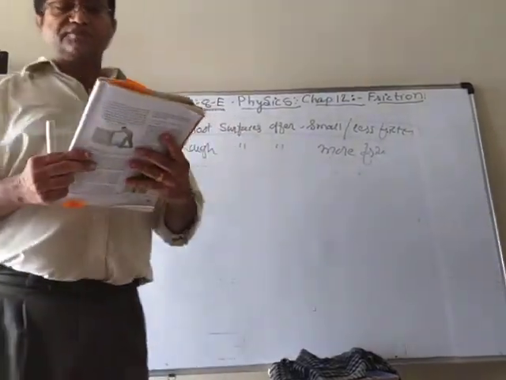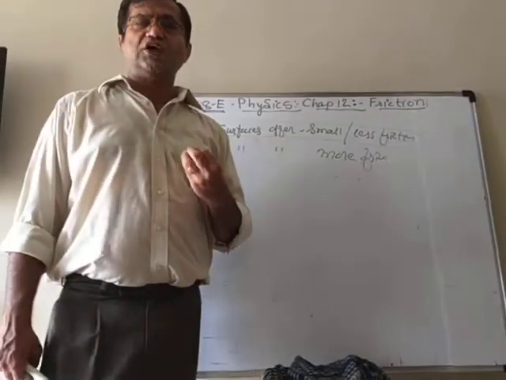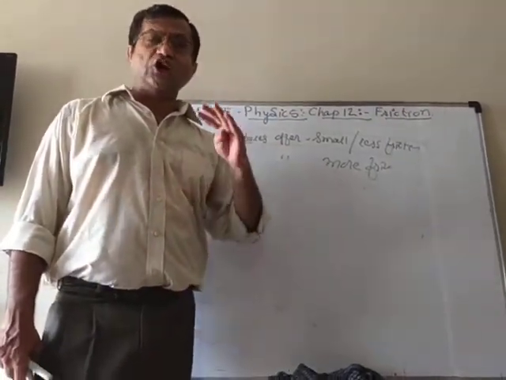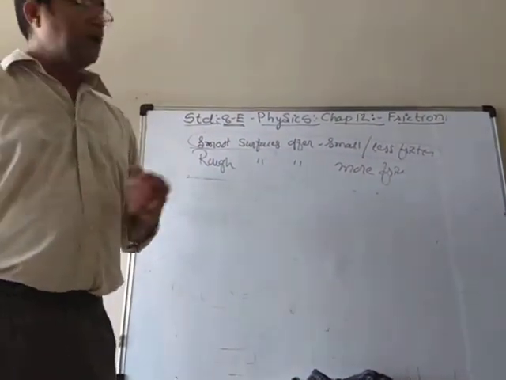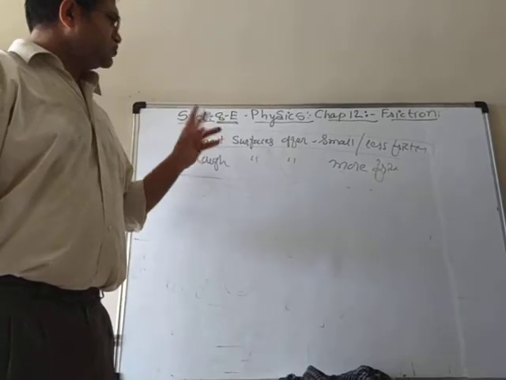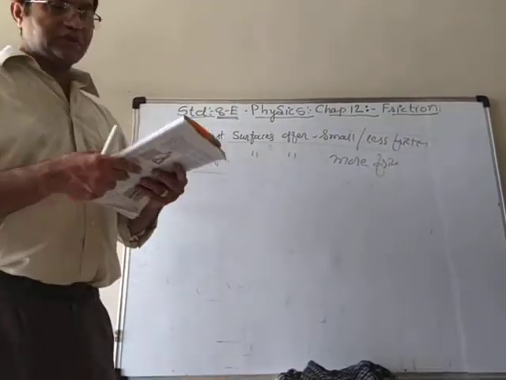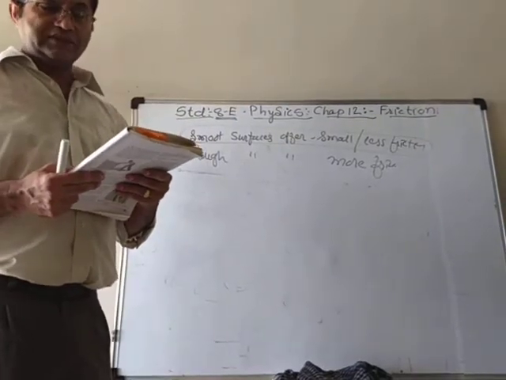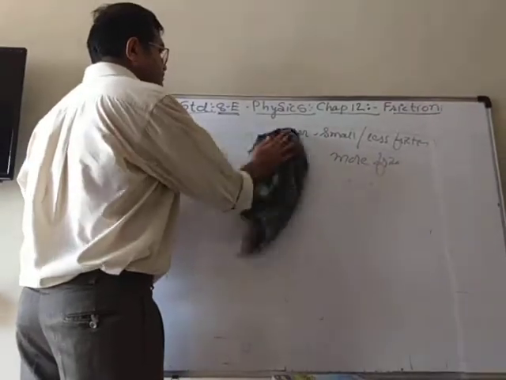It means that friction depends on the smoothness or roughness of the surfaces. So smooth surface, less friction; rough surface, more friction. That is the theory about friction.